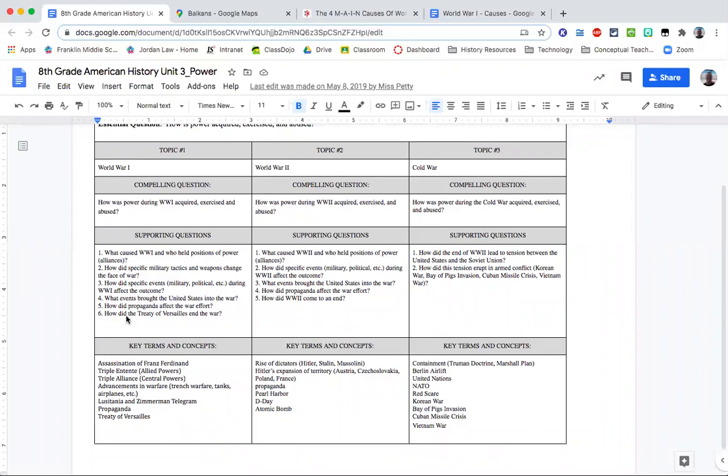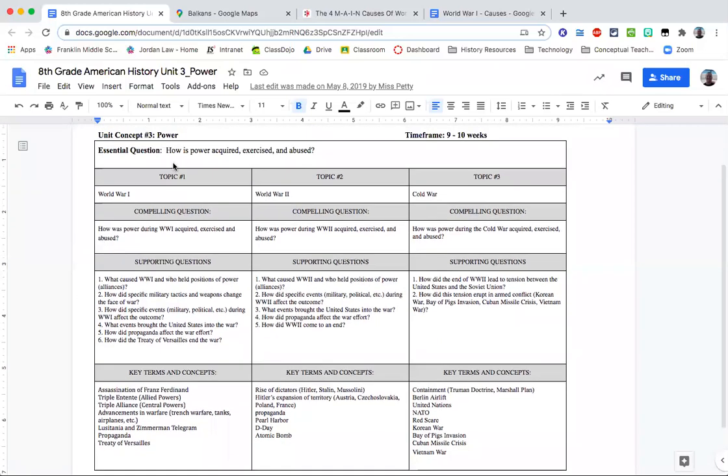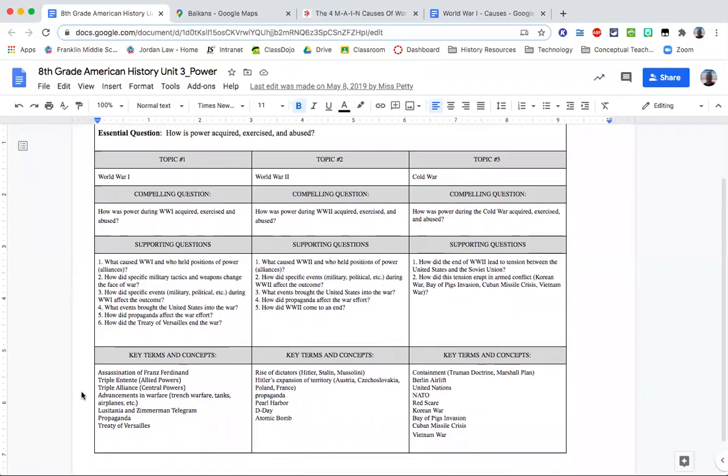So those are the questions that we're going to be answering as we move through this unit in order to answer our compelling and essential questions about how power was exercised, acquired, and abused. At the bottom, you will also see key concepts and terms. These are ideas and terms that you're not necessarily expected to come into this unit knowing already, but it should be information that you know leaving this unit.